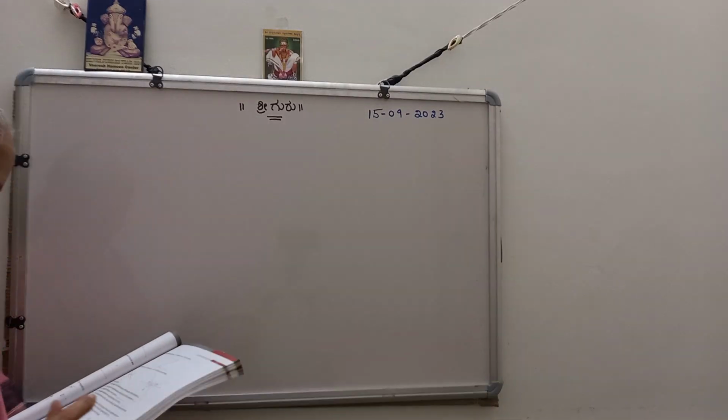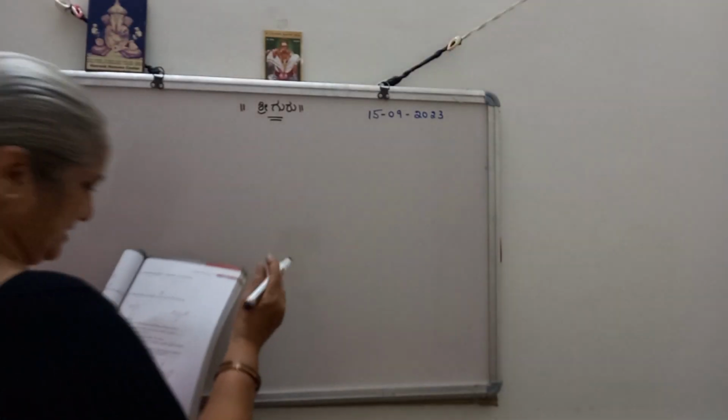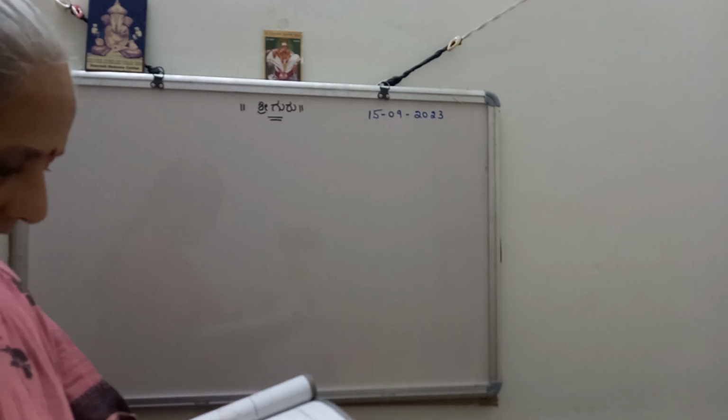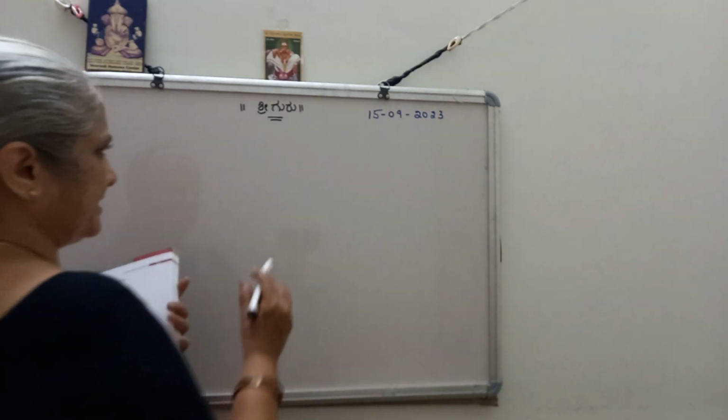Now the 14th one. In the adjoining figure, name the following pairs of angles. Here in the adjoining figure, AC and BD are two intersecting lines.